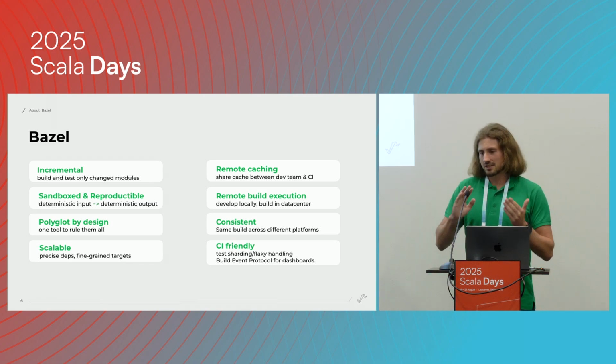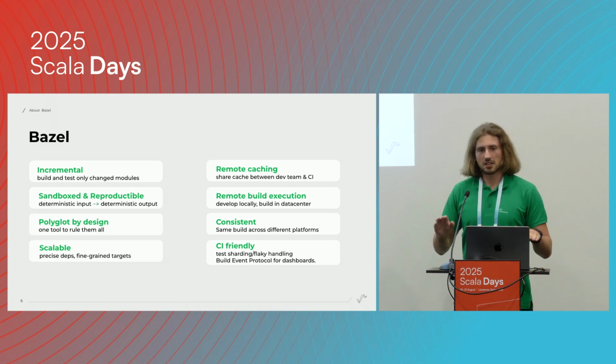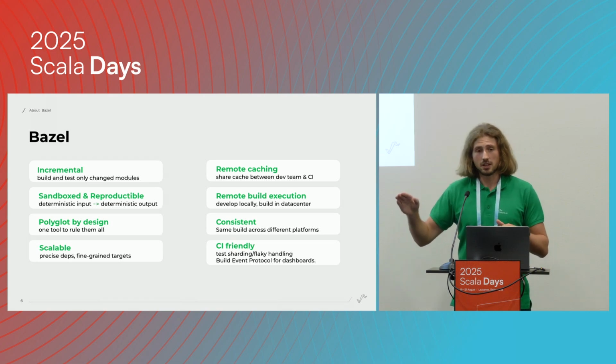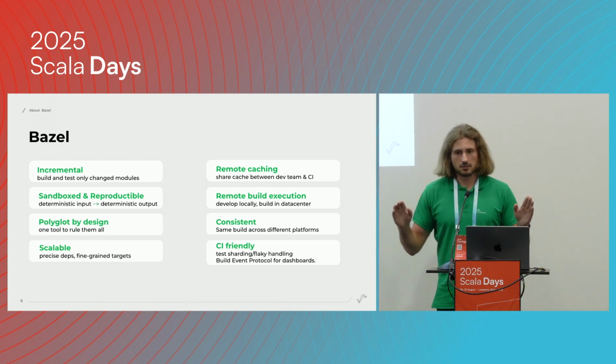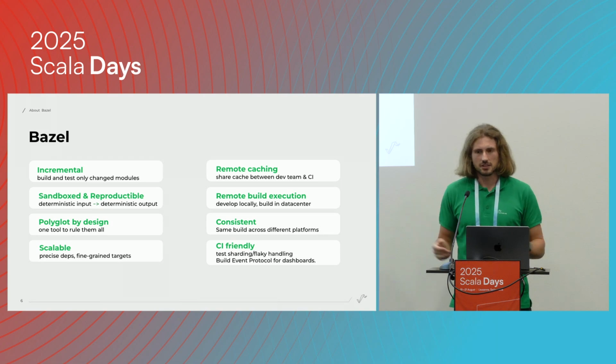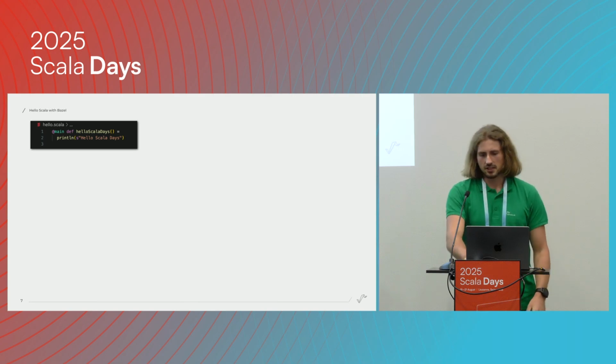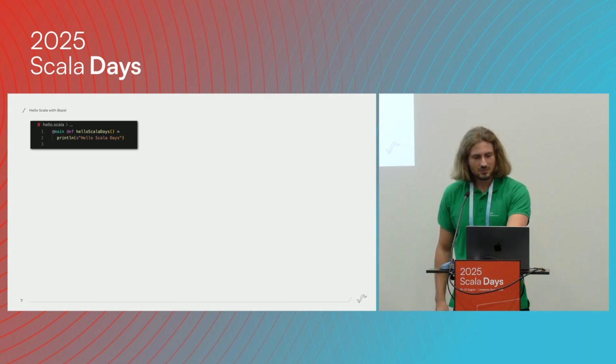You can have a very trashy laptop to develop on locally and still build, for example, in a data center on some compute farm, on tens of machines that are specialized just for that. There are many other nice features that it has, but we have limited time.